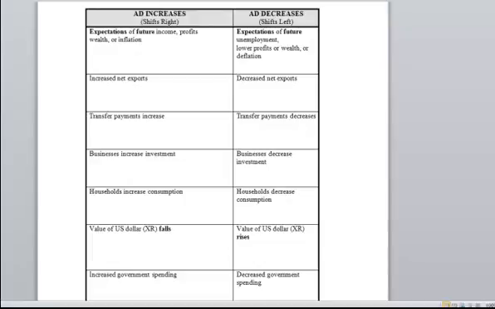Businesses increase investment. Well, of course, aggregate demand is C plus I plus G plus net exports. The I is investment. So if investment goes up, then aggregate demand shifts to the right. Well, what would cause them to do that? Maybe tax credits to business, positive expectations.